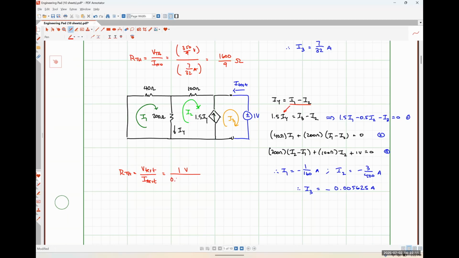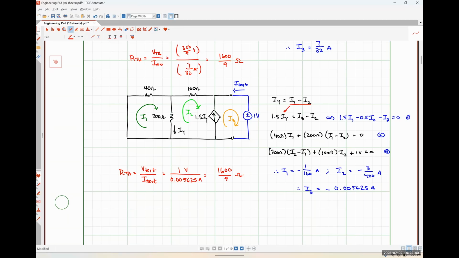So that's going to give us 1 volt over 0.005625 amps here, which comes out to be 1600 over 9 ohms. So we did the VTH and the I Norton bit correctly, obviously, since we got the same value for RTH both ways.